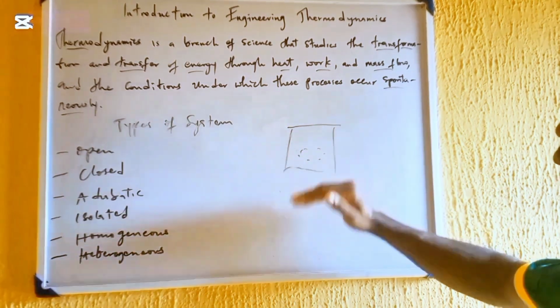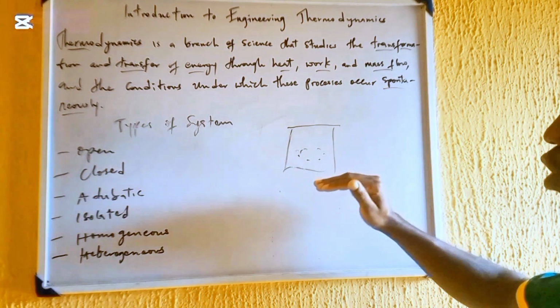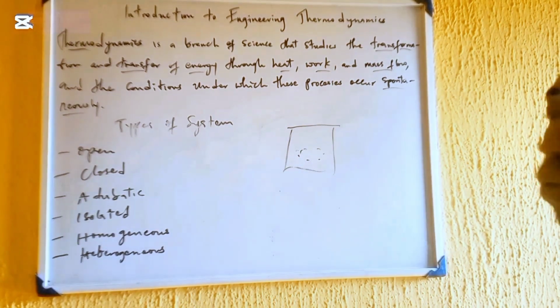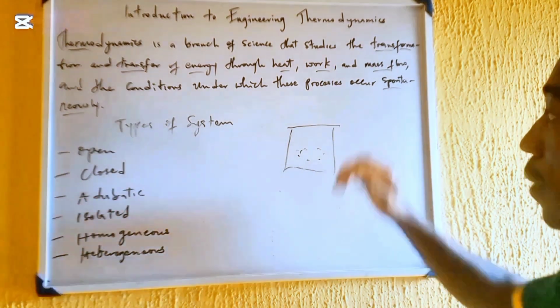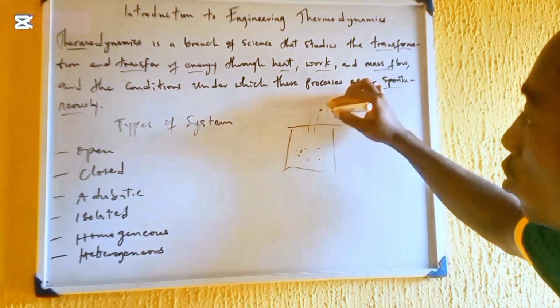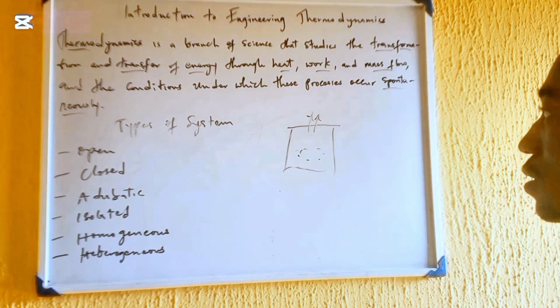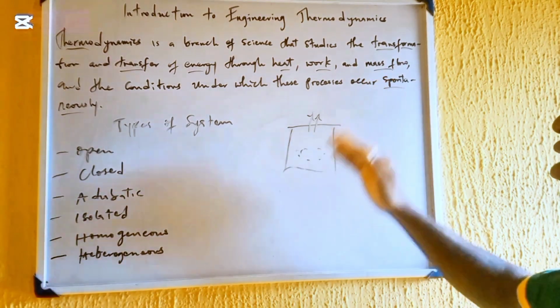Not because there was flow of matter across, but because there was flow of energy across the boundary. So matter is still there, but energy has passed through the boundary. So that's why it's called closed system. Matter cannot flow out, but energy can flow out.